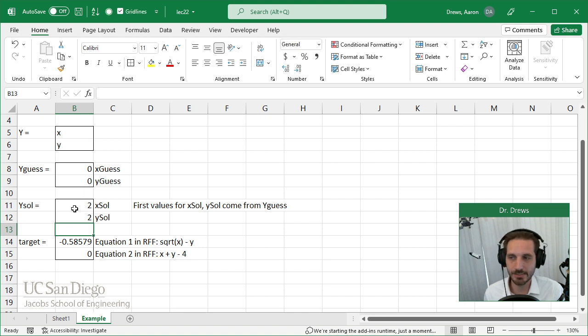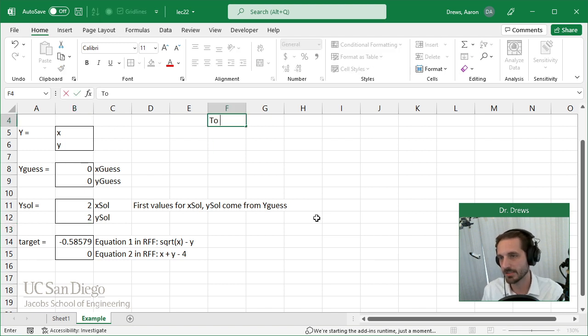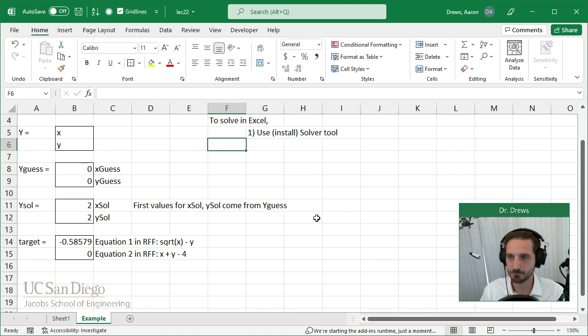What I want to illustrate here is if I did need to solve this inside of Excel, there is a way that I can do it. The requirement for Excel to solve a system of equations is two things. Okay, to solve this in Excel, the first thing you're going to do is use, which may require you to install, the solver package, the solver tool.